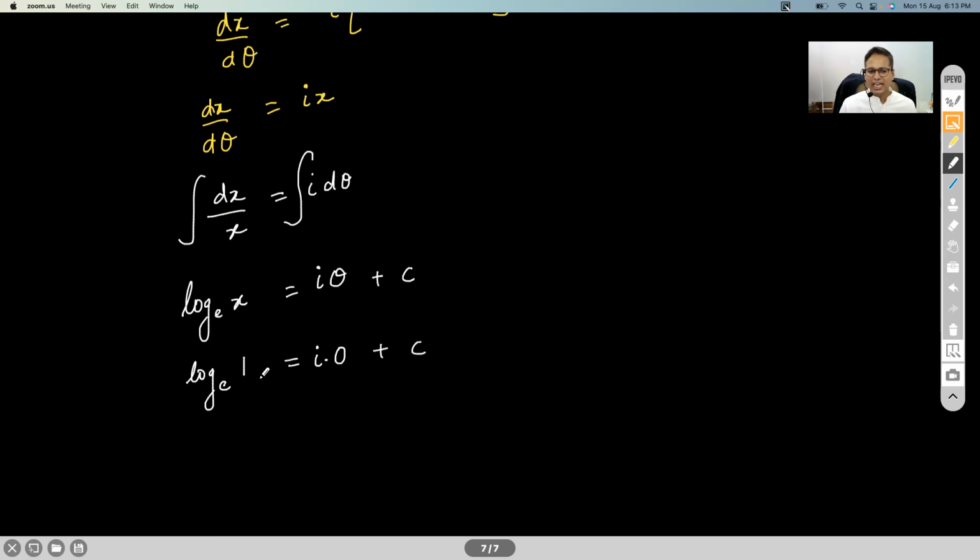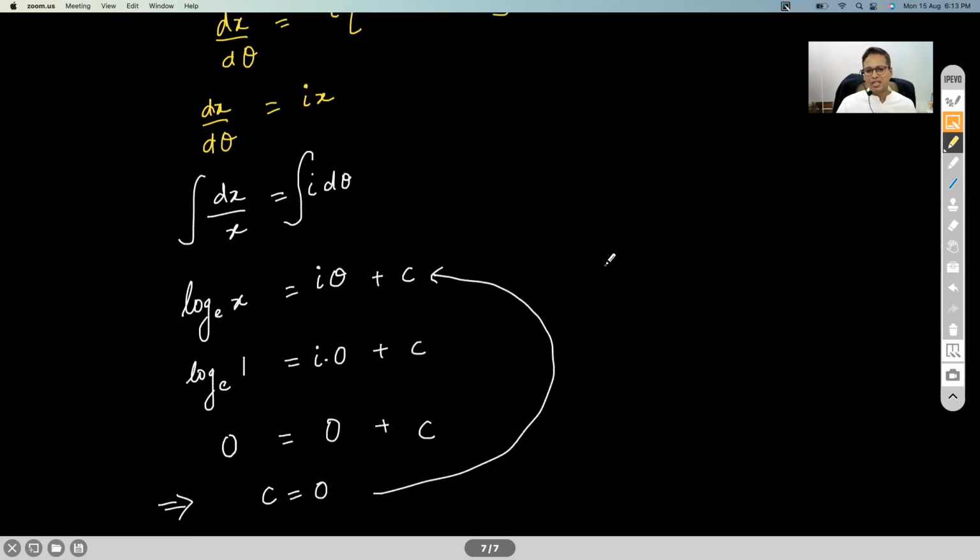And when he did that, he ended up getting this as 0, this as 0, plus c. That means his c was 0. Correct? So he put this back again over here and realized that log x to the base e is actually just i theta. So x could be written as e to the power i theta. That means he successfully proved that cos theta plus i sin theta could actually be written as e to the power i theta.